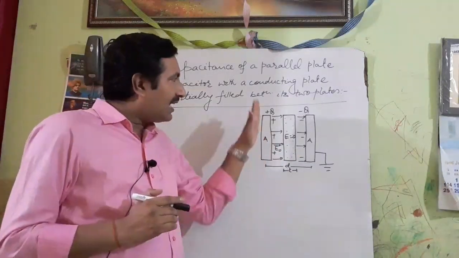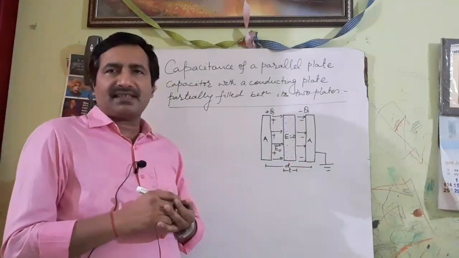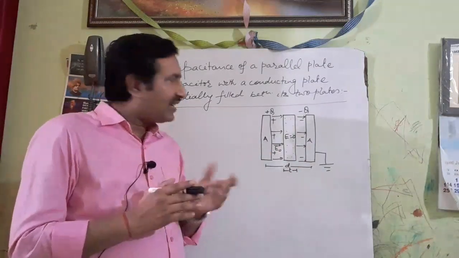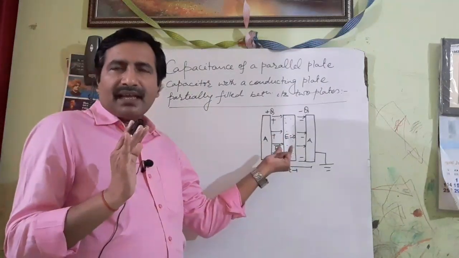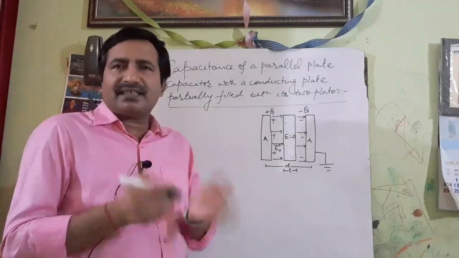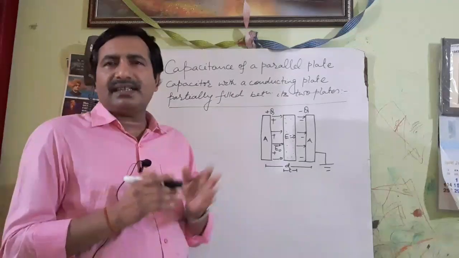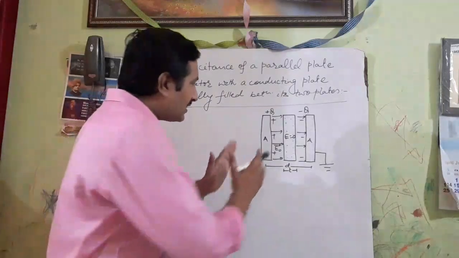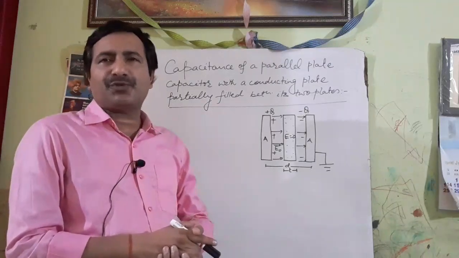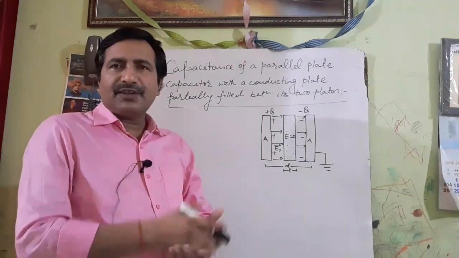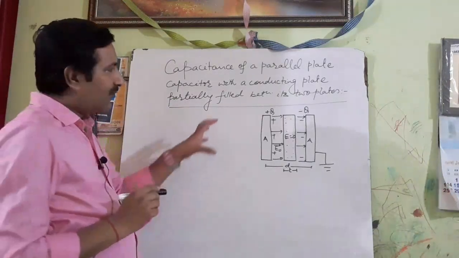That whenever a conducting slab is inserted between the two plates of a capacitor, the electric field inside the conducting slab becomes 0, and the electric field exists only in the free space. So the effective distance between the two plates of the capacitor gets reduced. Is it clear? So let us derive the expression for capacitance for this situation.